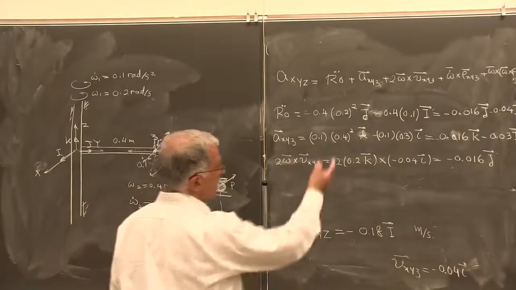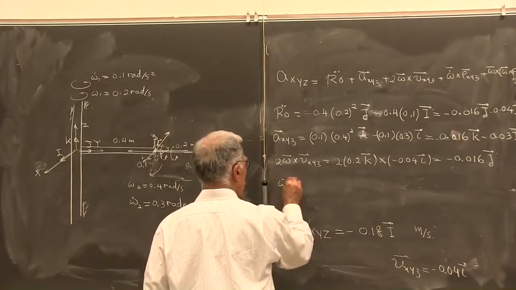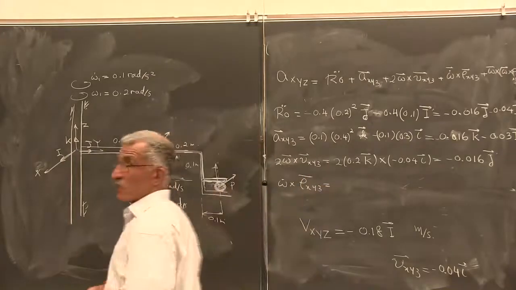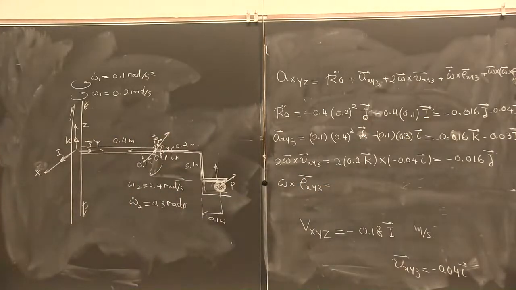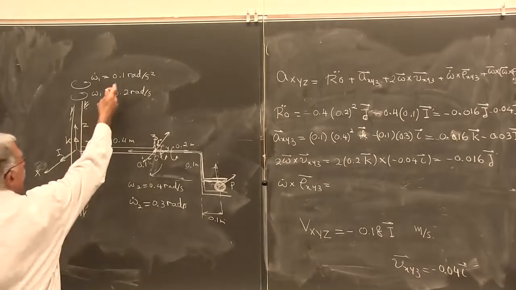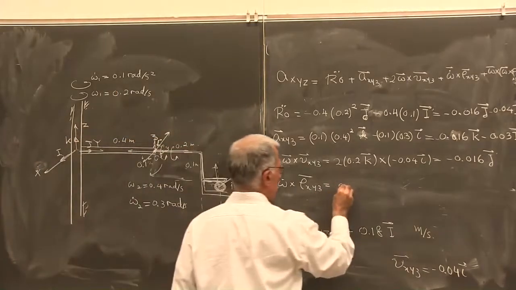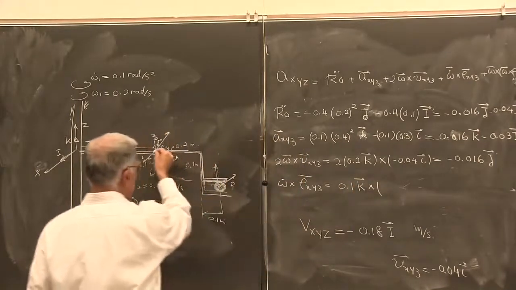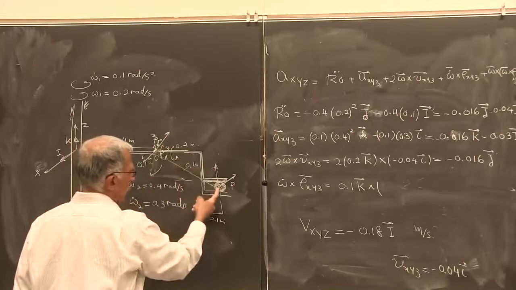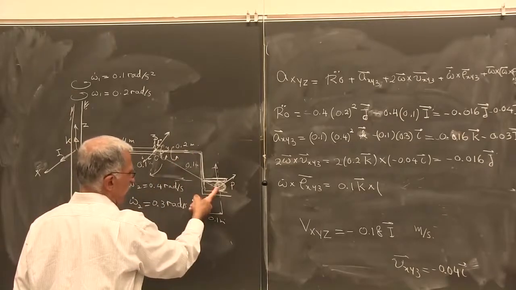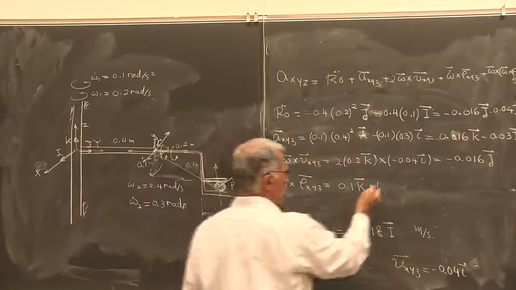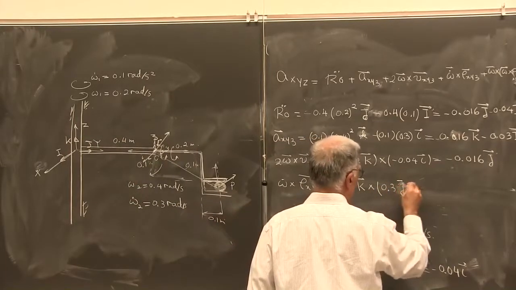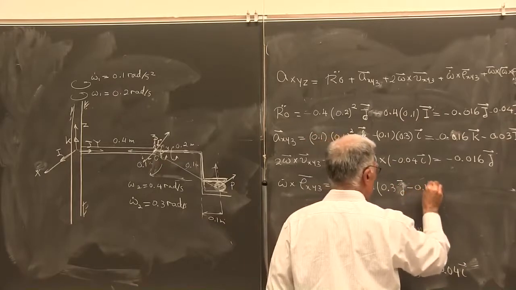Then we have another term, omega dot times rho xyz, and that is omega dot, your auxiliary reference frame is being twisted. Your omega dot is equal to 0.1 radian per second k, and rho xyz is this number again, which is 0.3 j minus 0.1 k, 0.3 small j minus 0.1 small k.